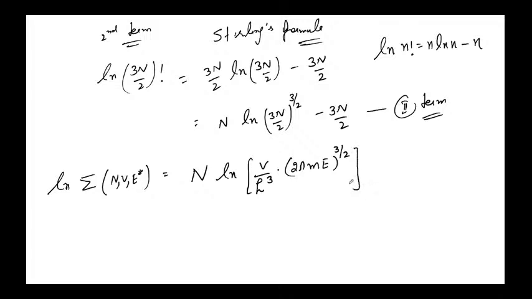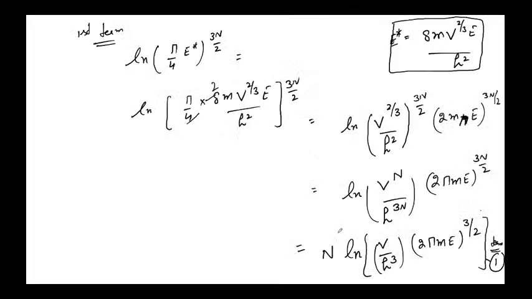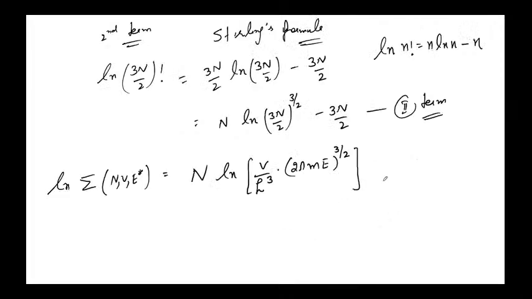This is the first term which we have derived. The second term that we have derived is minus n log of (3n by 2) to the power 3 by 2, plus this minus and minus, this becomes plus, so that is plus 3n by 2.